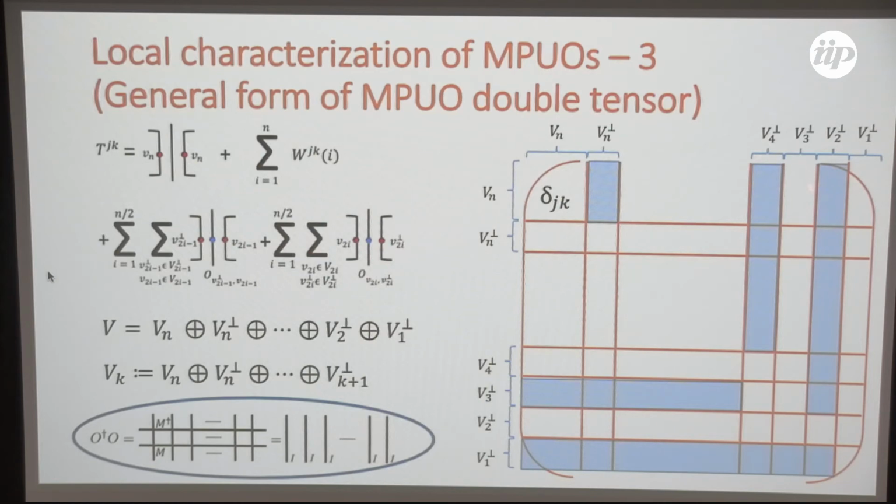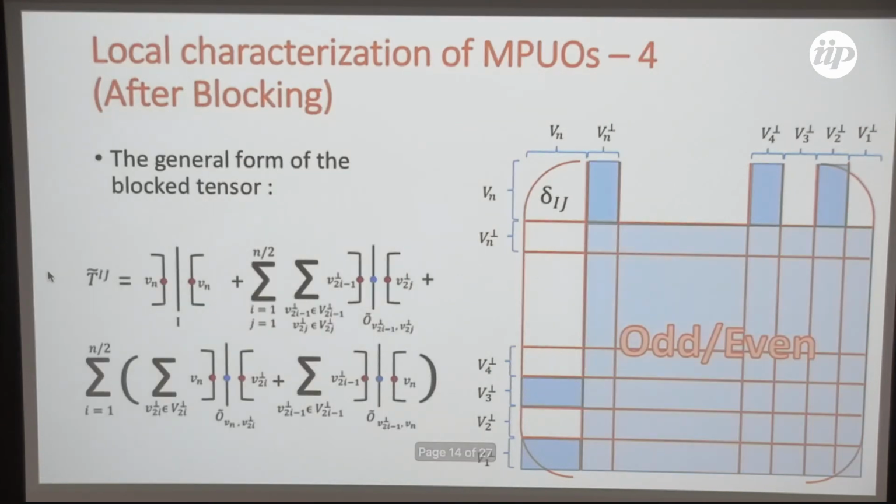It basically means that if you hit with this matrix a vector from V_{2i}, it can go to V_{2i+1}, V_{2i+2}, and so on. So basically, when you apply this matrix, you go up. You go up to this block, from right and from the left.